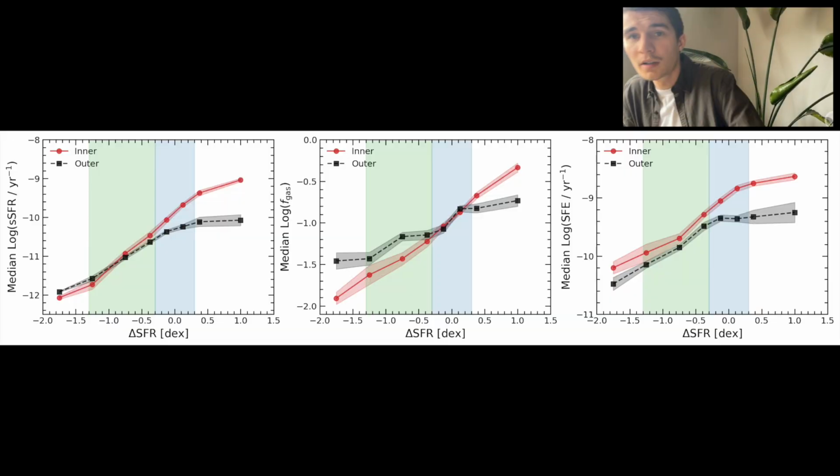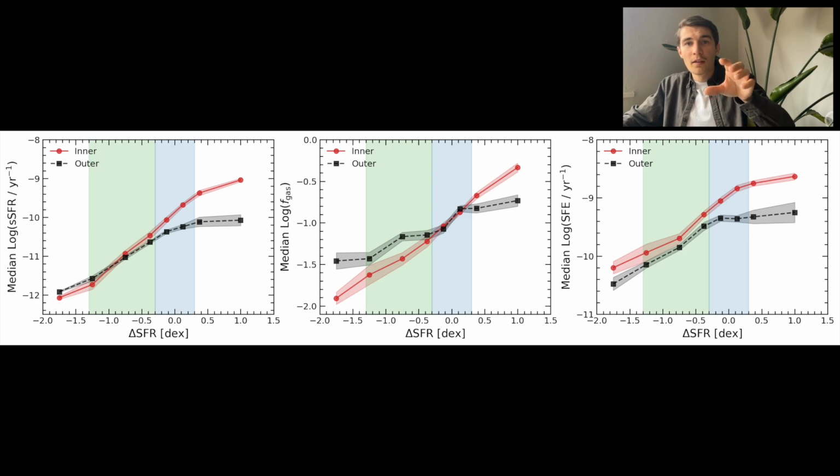So for example, in the middle panel here, we see that for galaxies where their star formation rate is below the main sequence, so that is negative on the x-axis, or in this kind of green regime, the inner regions, which are the red dots, have less gas than the outer regions. And the flip side is true for galaxies above the main sequence. Galaxies above the main sequence have enhanced central molecular gas.